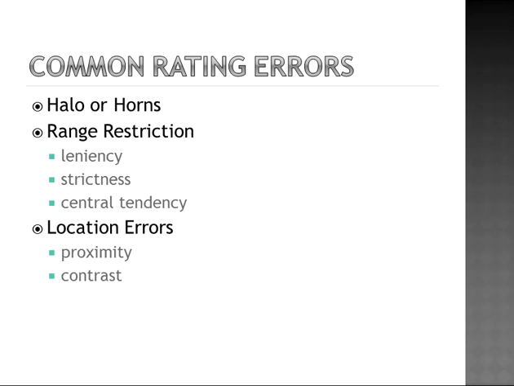Then we talk about range restriction, and what this is basically getting to is the idea that your behavior during the interview, or at least how you are assessing the person that you're interviewing, you may restrict the range on their behavior, or you may be too lenient, for example, which is a leniency error, a type of rating error in which the rater consistently gives all employees high ratings regardless of their actual levels of performance.